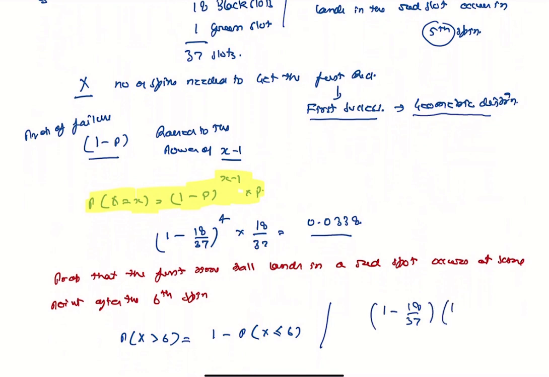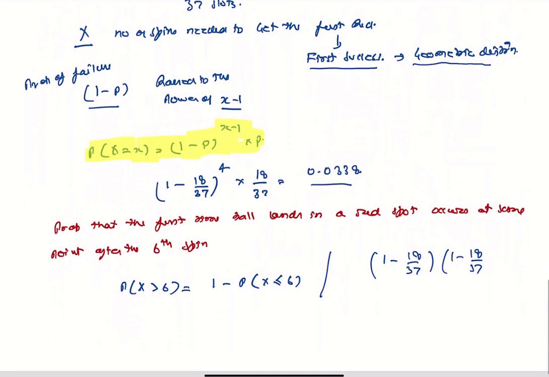The second one is also a failure with the same probability, so 1 minus 18 over 37 to the power of 6 is going to be your probability of 6 failures. So the probability of x being more than 6 is the probability of 6 failures, meaning it is going to land after the 6th spin, because the first 6 are going to fail.